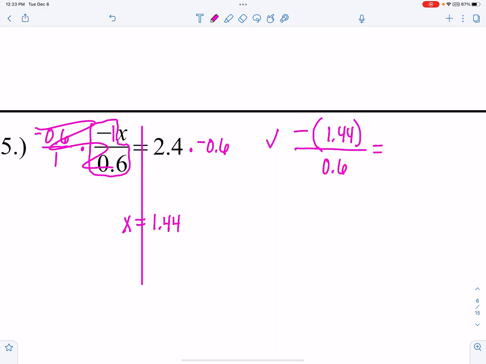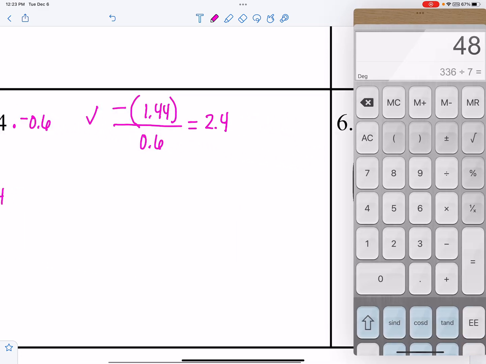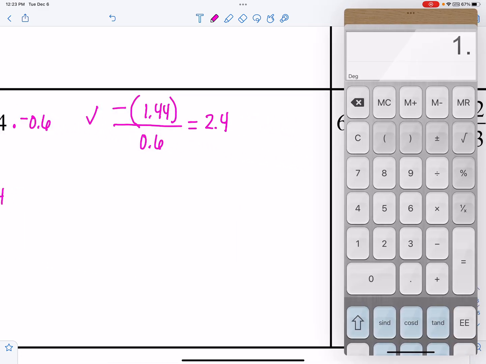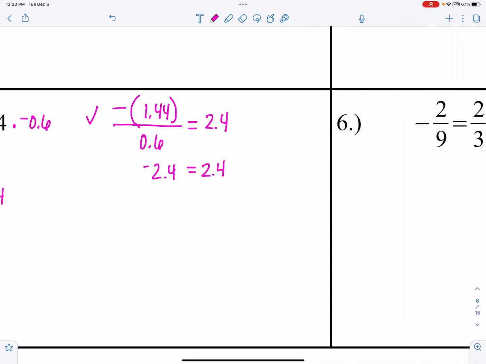And then it's equivalent to 2.4. So I have a negative 1.44, so I'm going to do 1.44 negative divided by 0.6, which gives me negative 2.4.